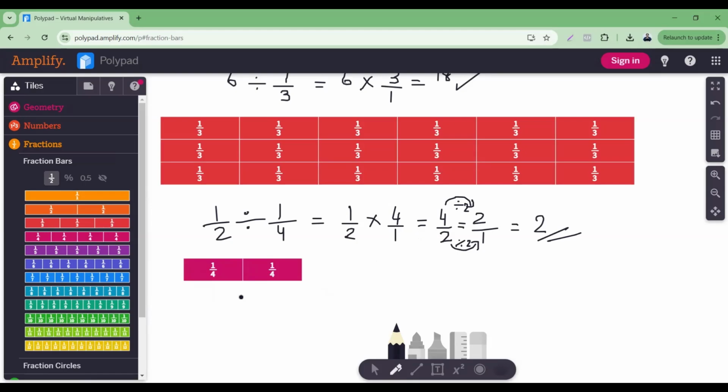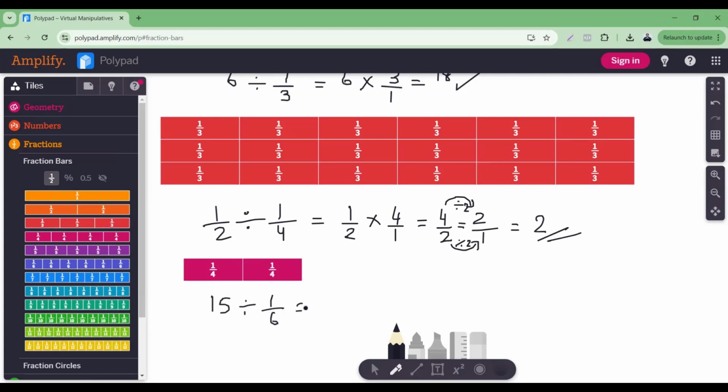Now, I would want you to try this visually as well as with the trick. One or two problems that I'm going to give you. At the end of the video, please pause the video and practice, find out the answer by yourself so that you can solidify the concept in your mind. Go ahead and do 15 divided by 1/6.